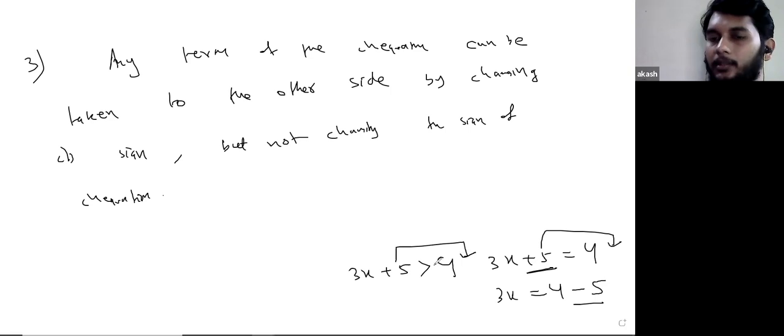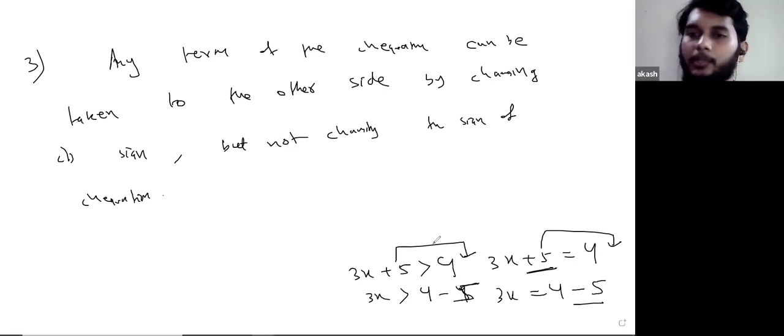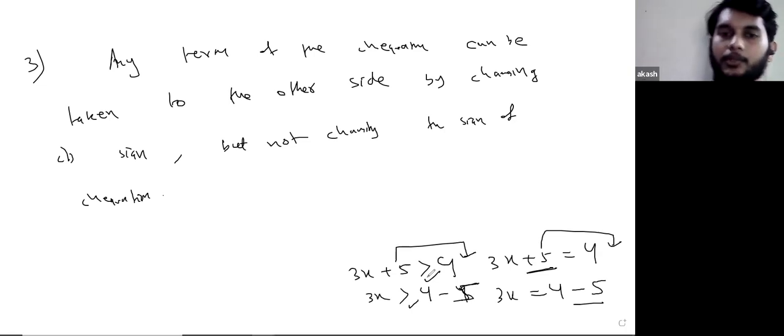This 5 can be taken to this side, but we'll have to write 4 minus 5. All right, Erum? Yeah. All right. So what thing do you have to remember the most? If you multiply or divide by a negative number, then the sign will change. That is the most important. Right? Note it down, then we'll solve questions.